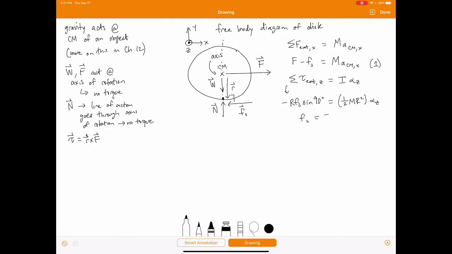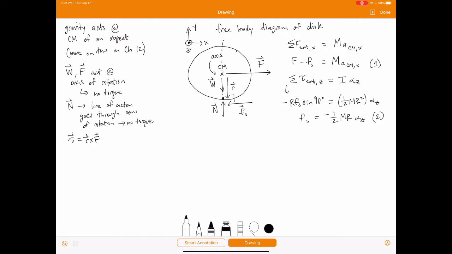So the negative sign goes to this side. I just have Fs left on the left-hand side. And then I have minus 1/2 times m times r times alpha z on the right side. So let's leave that equation as is and just say it's equation number 2. We'll come back to it if we need it.